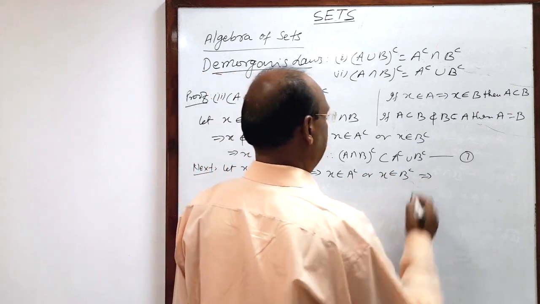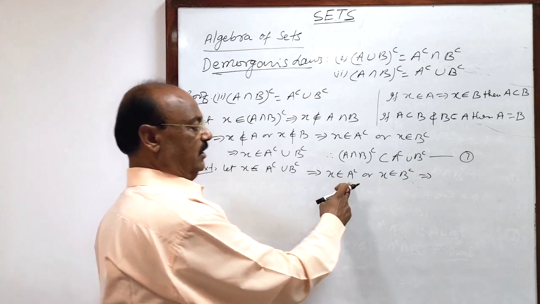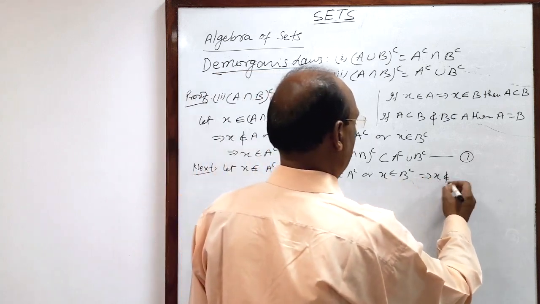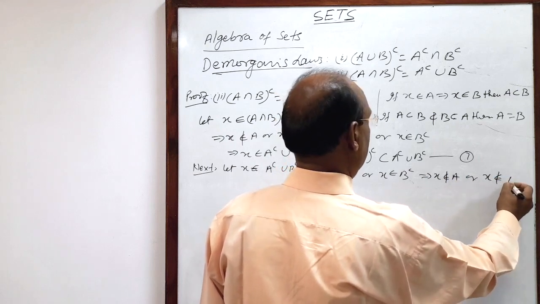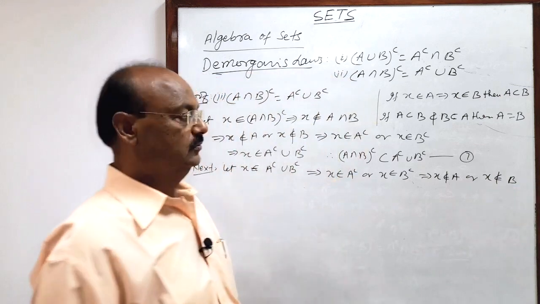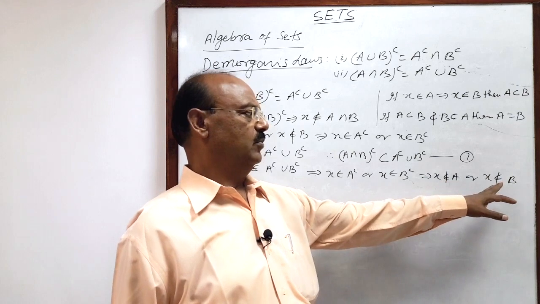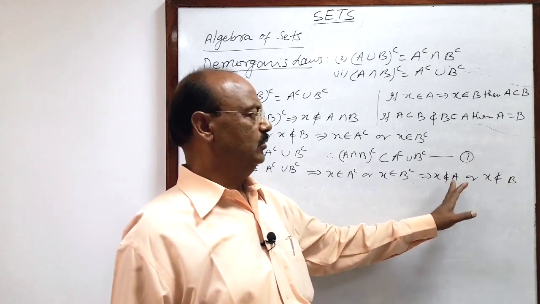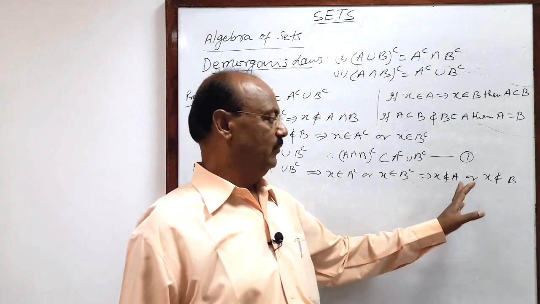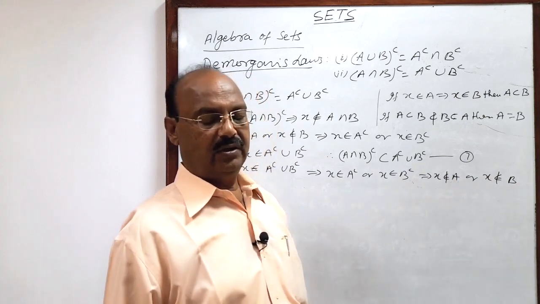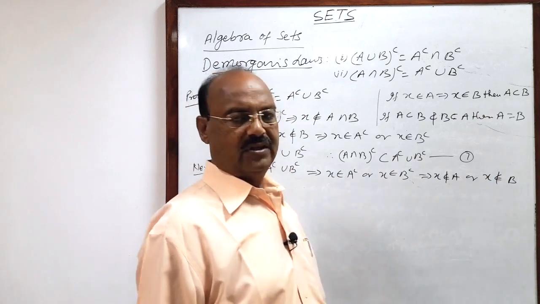And this implies that if X is belonging to A complement, X will not belong to set A. X does not belong to set A or X does not belong to set B. See, X is not belonging to A or X is not belonging to B. It means X is not belonging to both the sets A and B simultaneously.